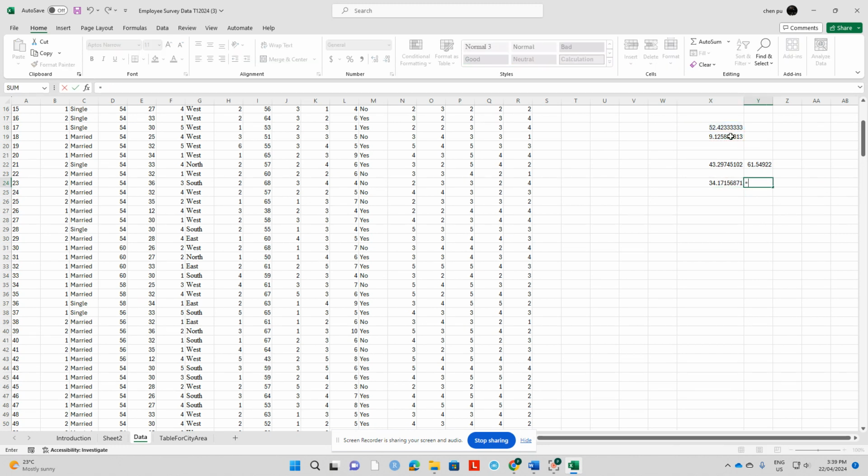And its upper bound is average plus 2 times 9.12. Now we want to know if these two intervals contain 68% and 95% of all data respectively.